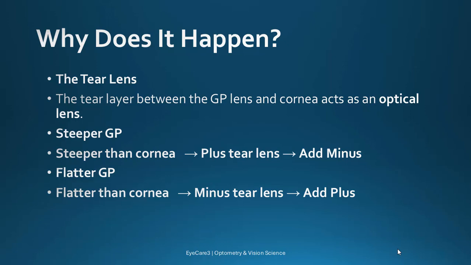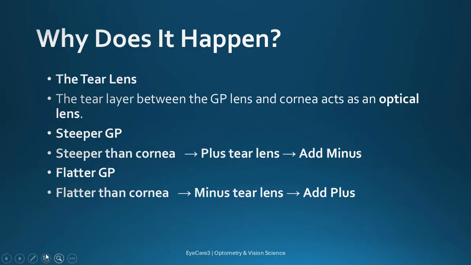It is a tear layer formed between the GP lens and the cornea, and this tear layer has optical power which contributes to the overall power of the contact lens. So when we fit a contact lens steeper than the cornea, then a plus tear lens is formed.